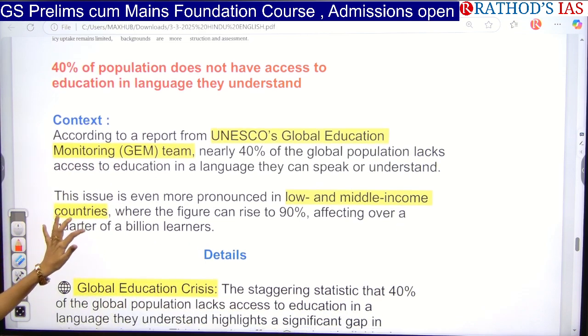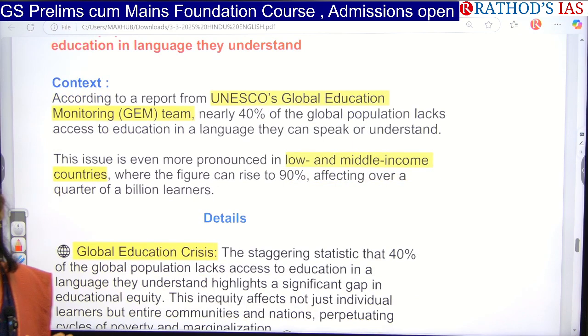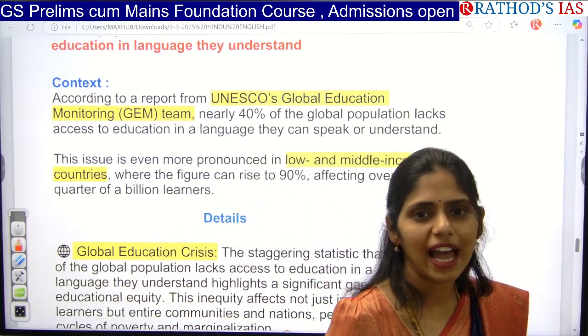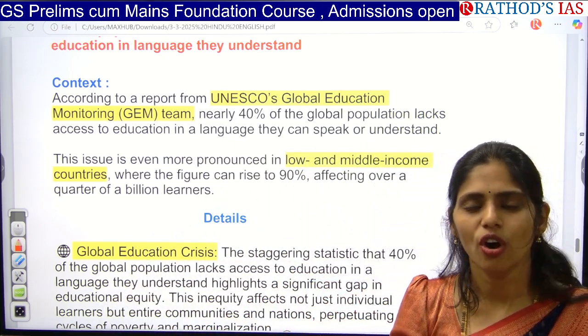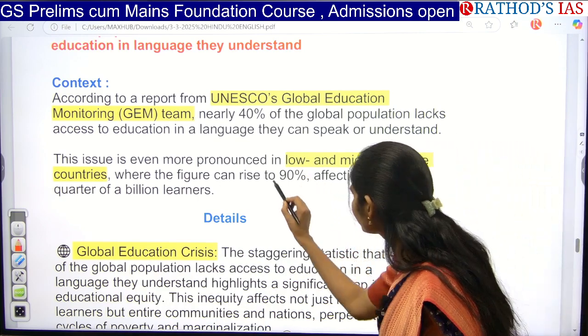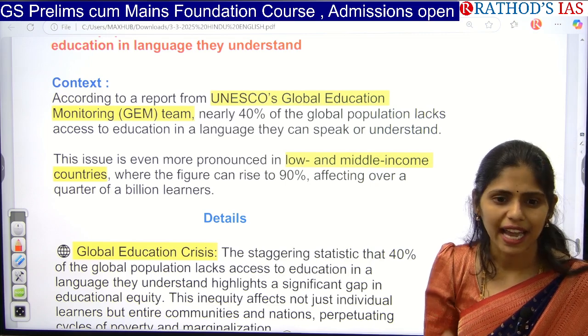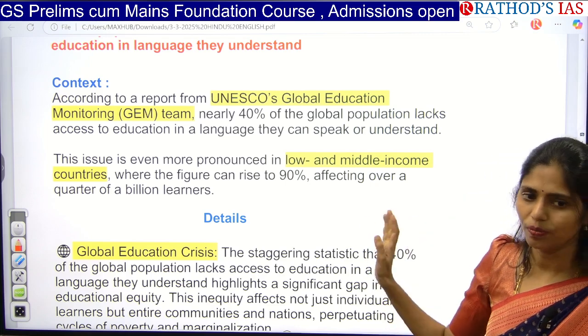This issue is even more pronounced in low and middle income countries, where, for example, 90% of students are not getting access to education in the language they know.